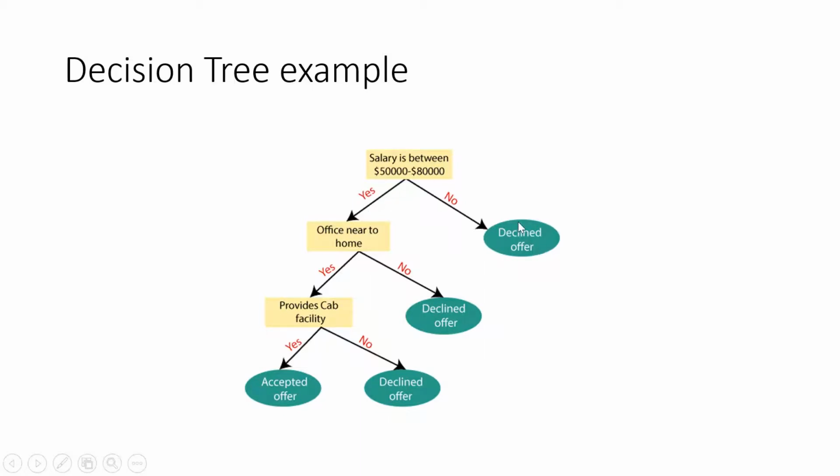If you have numerical data, then we can have a comparison operator there, like salary greater than this value, then you check the next parameter, otherwise you go to the right side of the tree. And if you have categorical data, then you can have true or false. So this type of data is possible in a decision tree. Okay, let us begin.